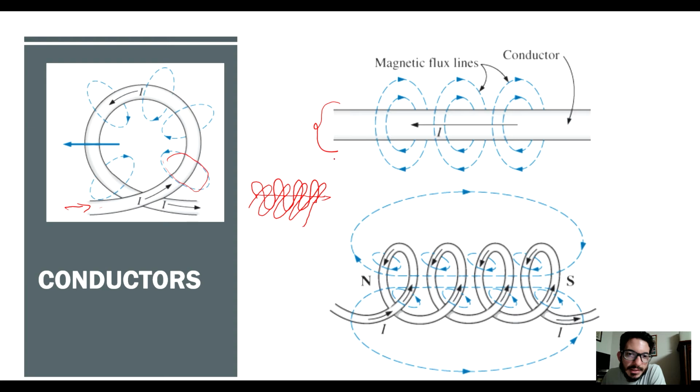The interesting thing is that by playing with the geometry, you can have different magnetic fields. They can build on top of each other, they can get stronger, they can get more dense, etc. So inductors, for instance, use a coil of conductive material to be able to increase the strength of the magnetic field.